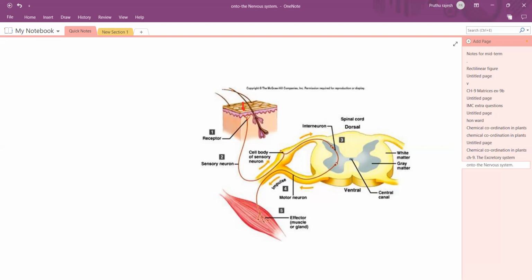Next, it gets connected with an association neuron, which sends the message back as an impulse to the motor neuron, and this motor neuron is connected to an effector, which is a gland or muscle. This point of contact between effector and motor neuron is called a neuromuscular junction.